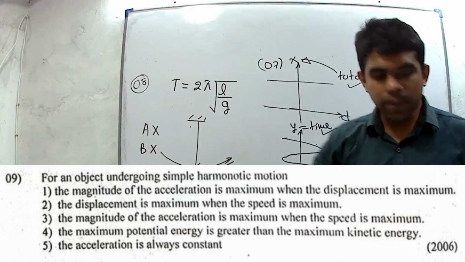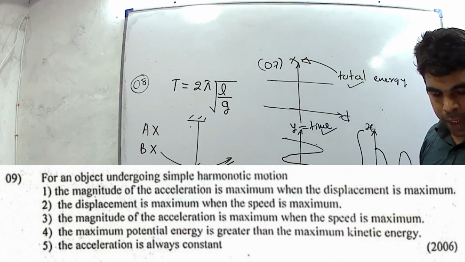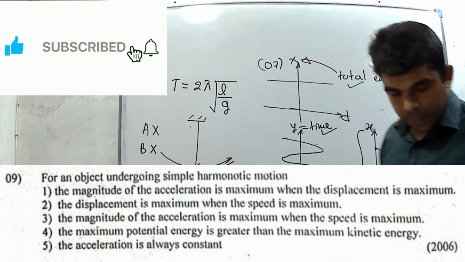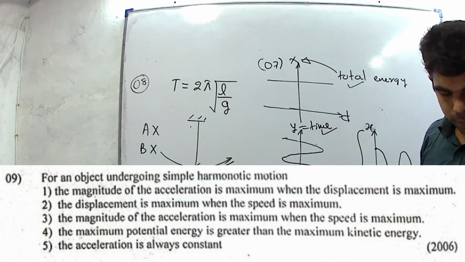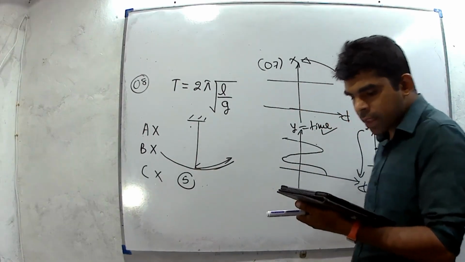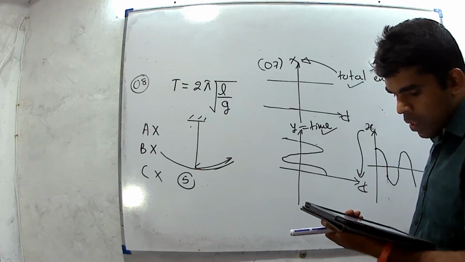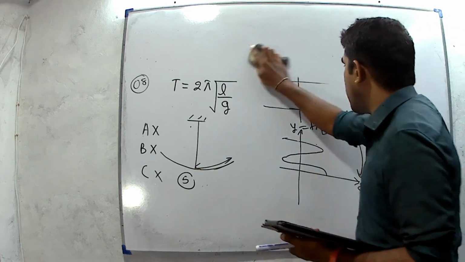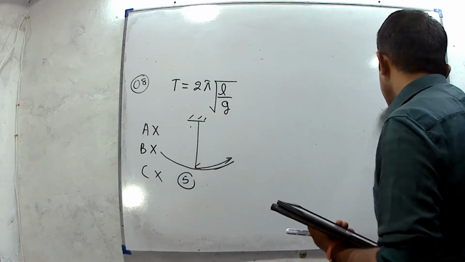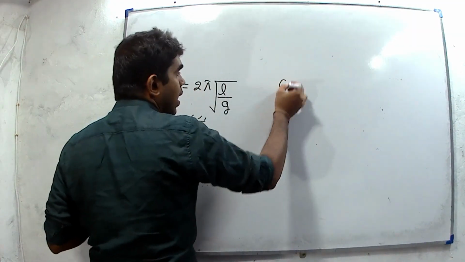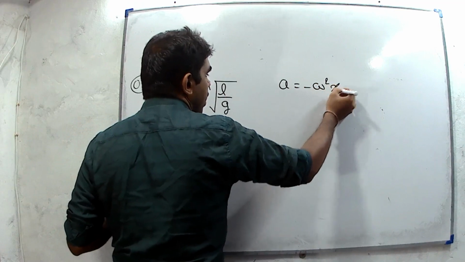Then question number 9. For an object undergoing simple harmonic motion, they have given statements. We have to select the correct statement. First statement, the magnitude of the acceleration is maximum when the displacement is maximum. We know that acceleration is minus omega squared x.